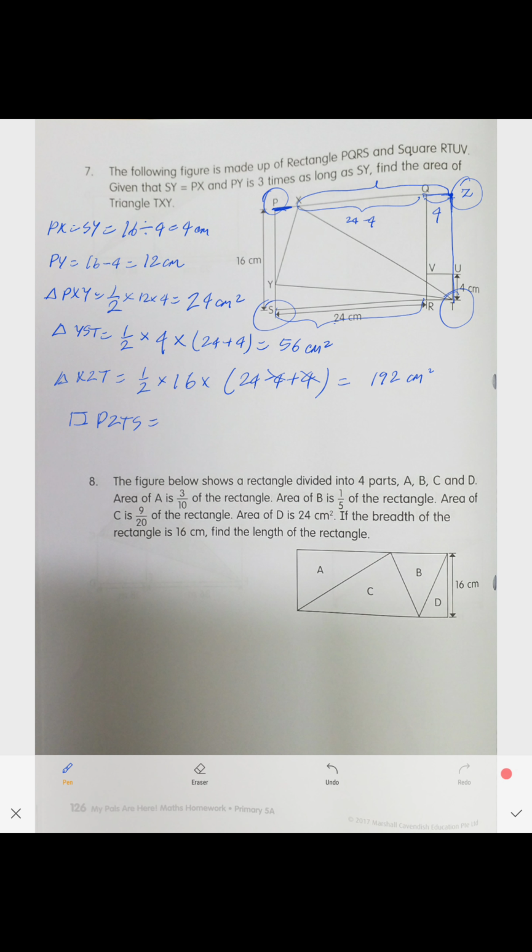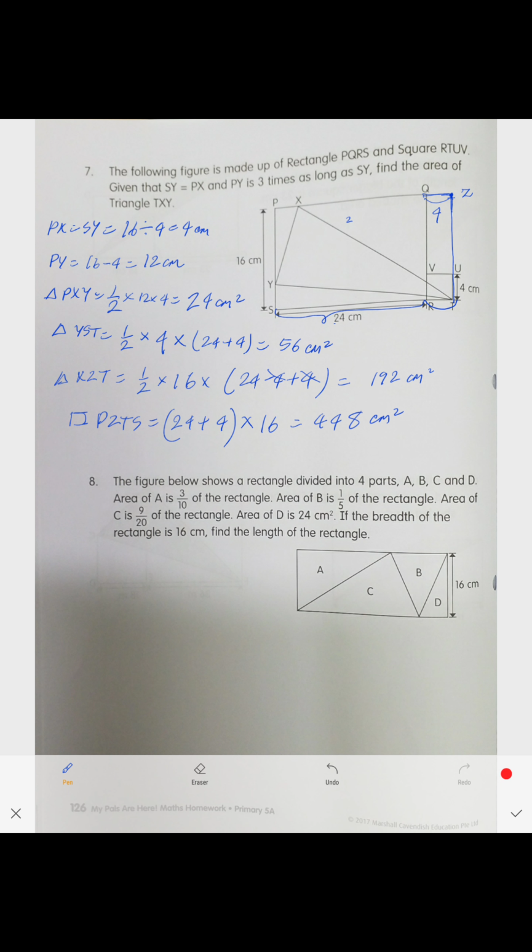Basically, I'm going to clean it up so we can see that clearly. It's 24 plus 4, this is one side. Another side is height, right? And height is 16. Right, that's it. So the total area is 448 square centimeters.